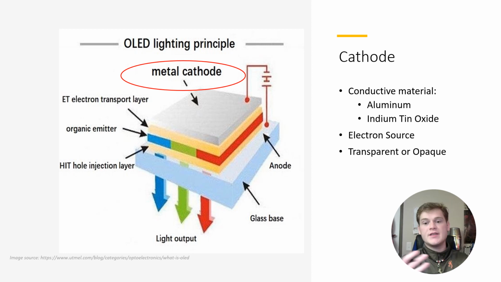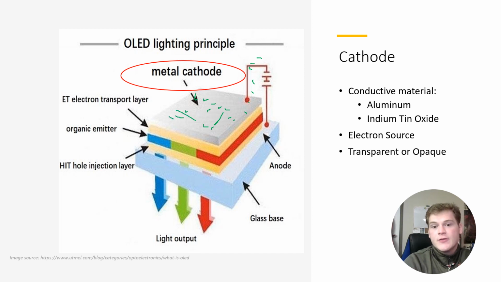So the cathode is the back of the organic LED. And the cathode serves the purpose as being the electron source. So as it connects from the battery, all these electrons go and immediately are dispersed across the cathode. This is the first real layer that the electrons meet. And so the cathode's job is to just be a conductor.